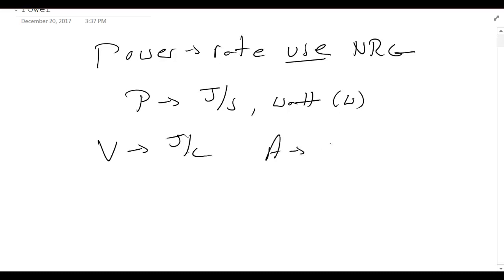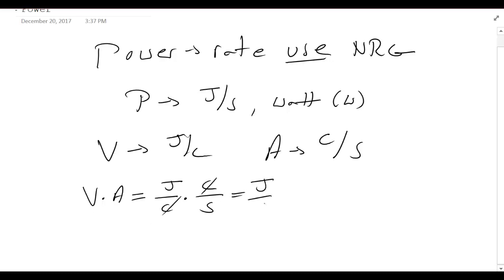Amperage, or current, is a coulomb per second. If we multiply those two together, we get a unit you may actually see called a volt amp, and it's a joule per coulomb multiplied by coulomb per second. If you remember unit conversions, the coulombs will go away, and this gives us joules per second, also known as watts.